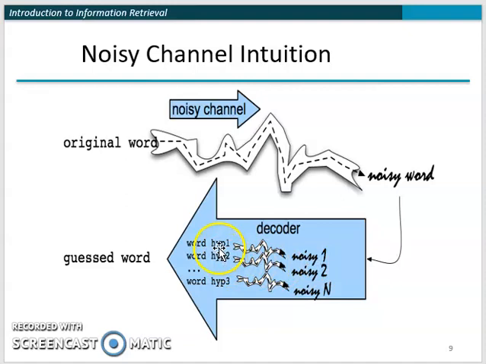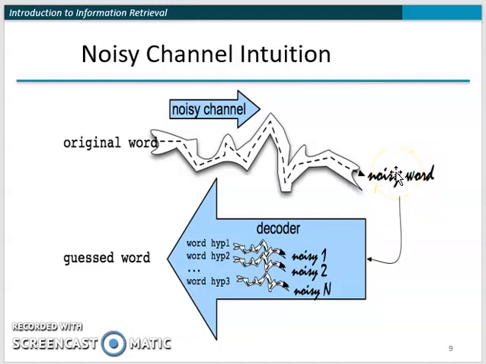We have all the words in the dictionary, or the candidates that we have generated: candidate 1, candidate 2, candidate 3 and so on, and we want to know which candidate should actually be here. So we pass all these words through this noisy channel and we get noisy words, and we see which of these noisy words is closest to our noisy word.